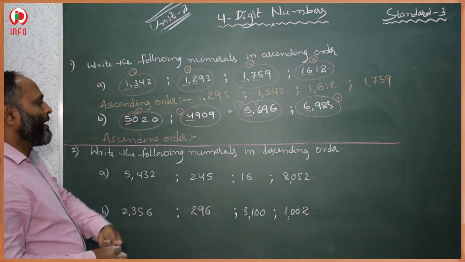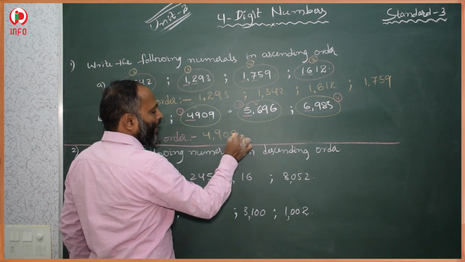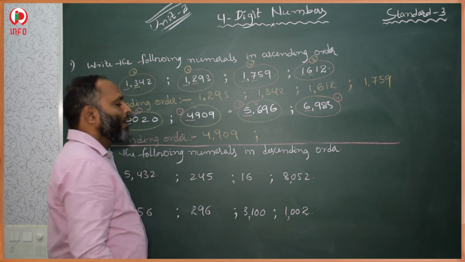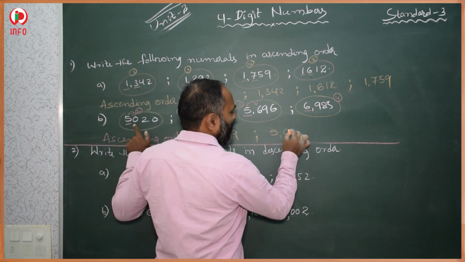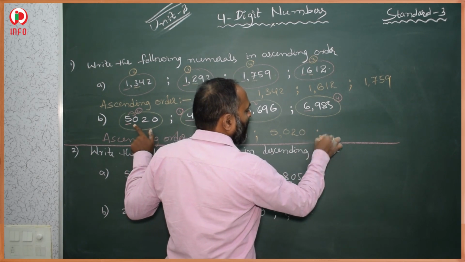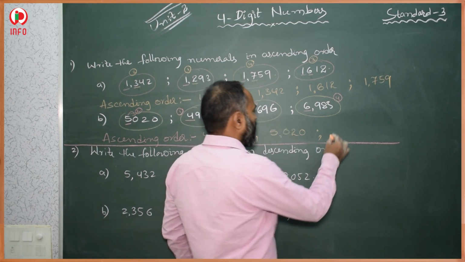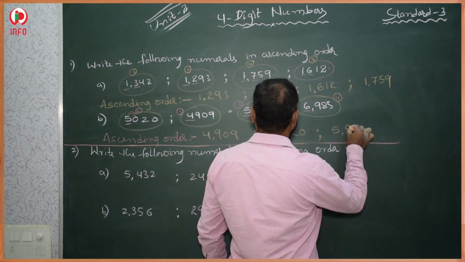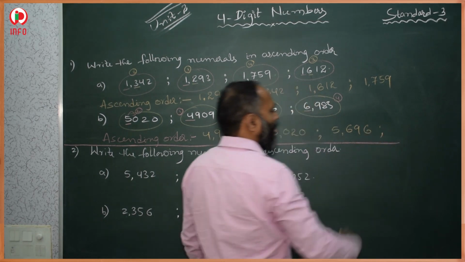Ascending order. First, we have to take this number first. 4909. This is the least one. A little bit bigger is 5020, and a little bit bigger 5996. Sorry, 6996.